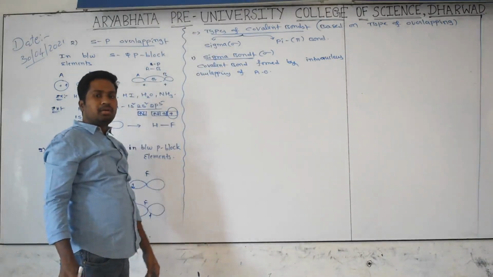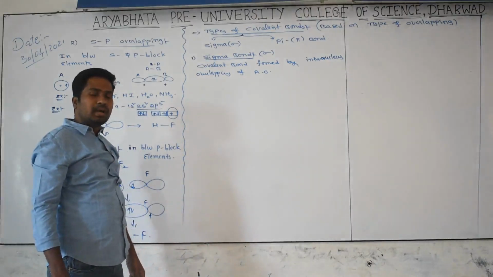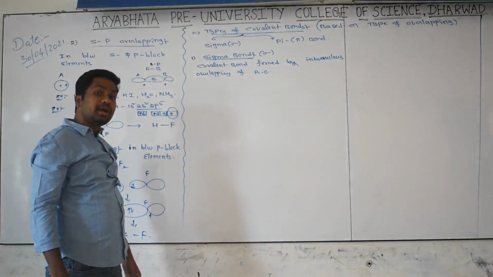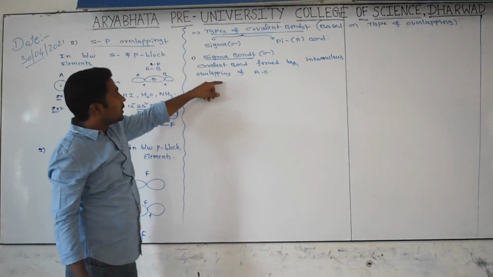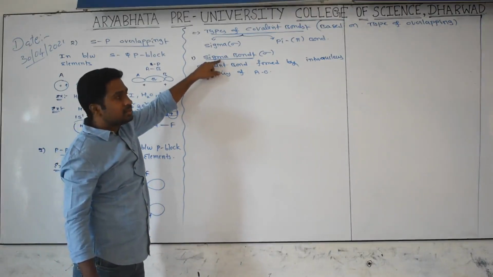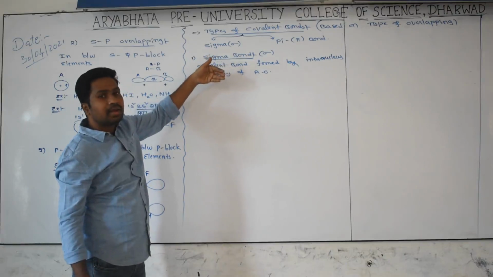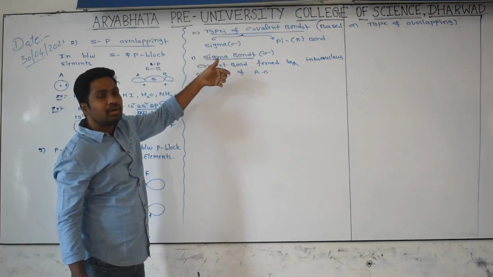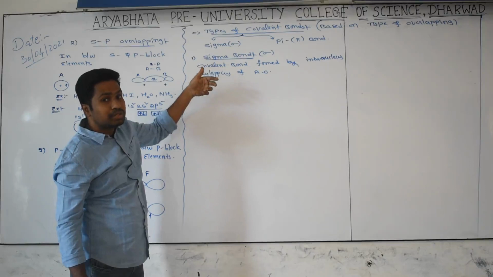A covalent bond is formed by the overlapping through its internuclear axis. Such overlapping gives a special covalent bond called a sigma bond. Sir, what is the meaning of internuclear axis overlapping, or atomic orbitals being involved in the overlapping through their internuclear axis?